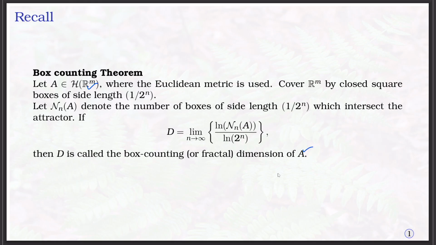In the last class, we obtained that the box counting dimension of the line segment is equal to 1.